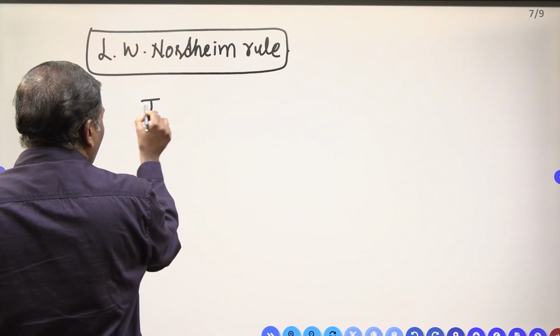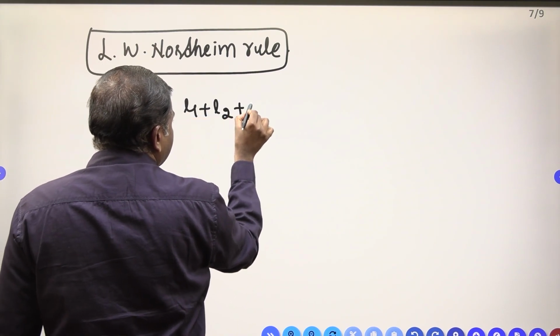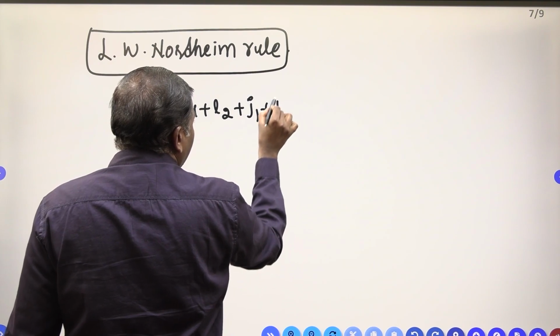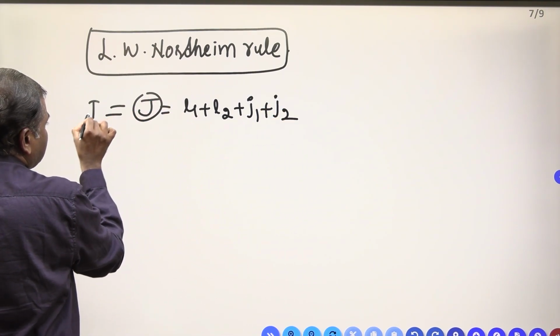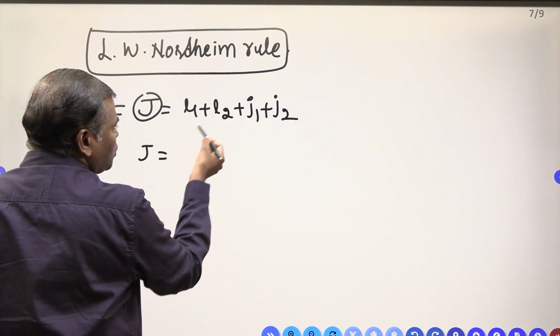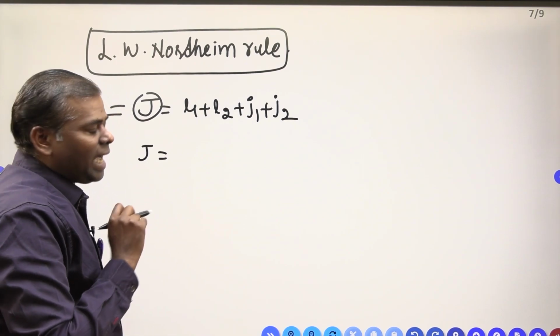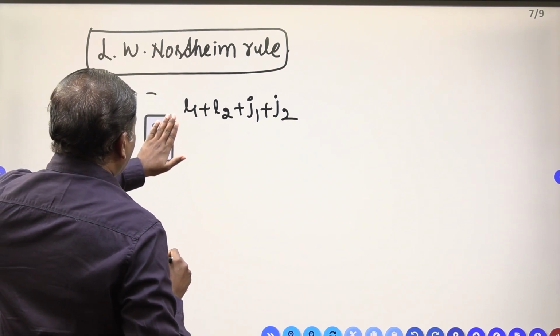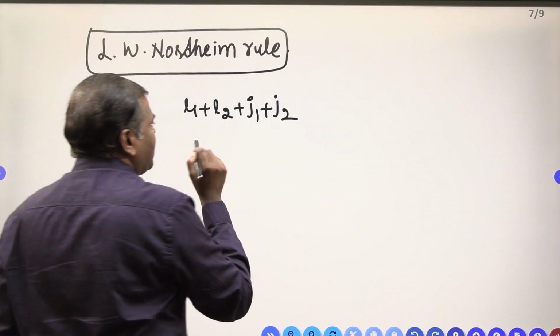J is equal to L1 plus L2 plus J1 plus J2. What is this J? This J is the nuclear spin. I or J, first you have to calculate L1 plus L2 plus J1 plus J2.